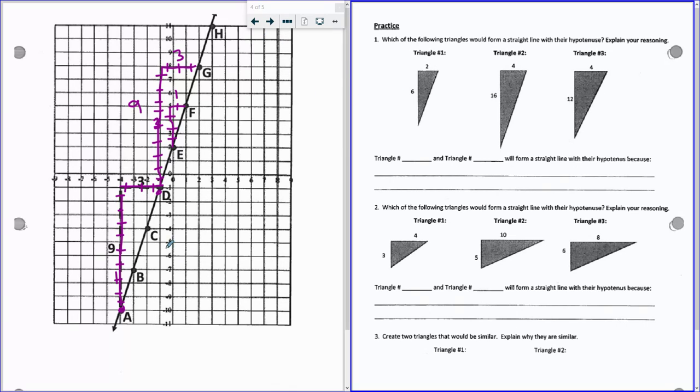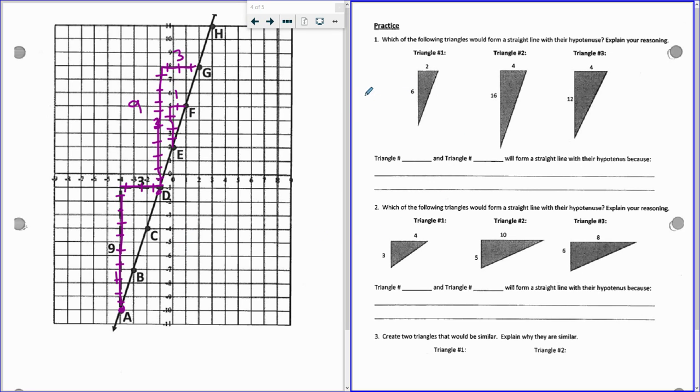What we essentially did here is we found a bunch of different similar triangles. Remember, similar triangles are triangles whose sides have a common ratio. So the common ratio of the 3 different triangles we drew was 3.